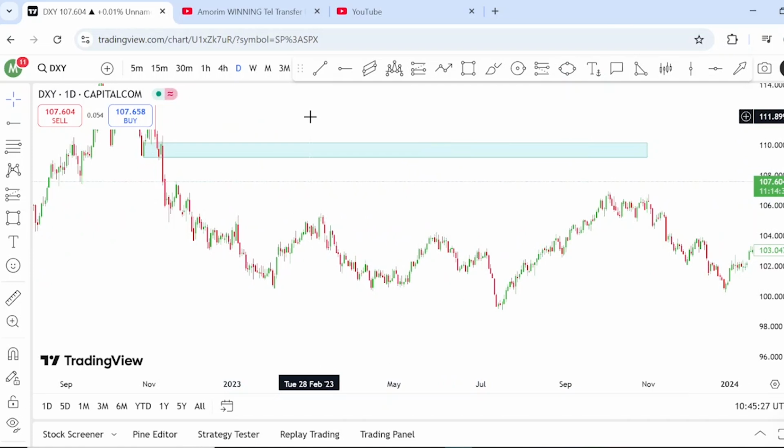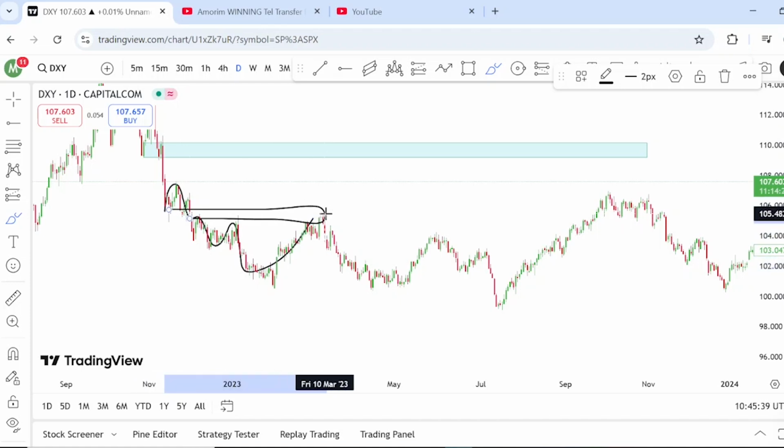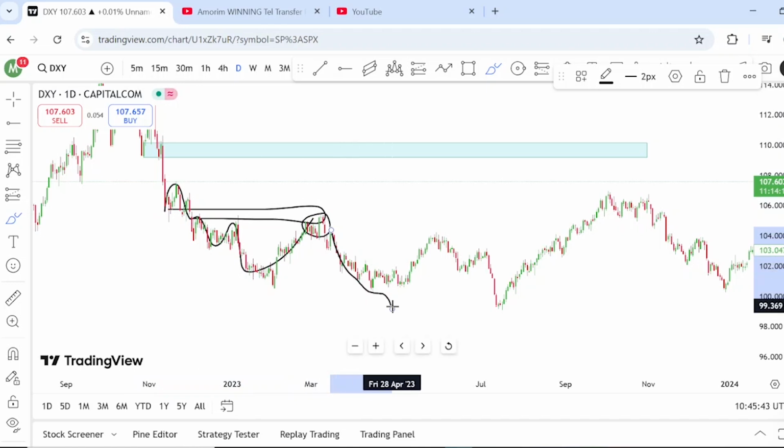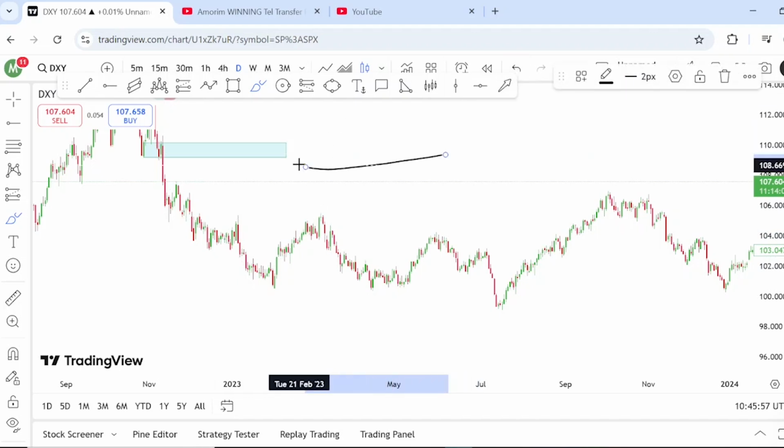If we continue moving down as it happened before, we have lower lows and lower highs, so how are we creating those so that we can enter from those areas to continue in the selling direction?